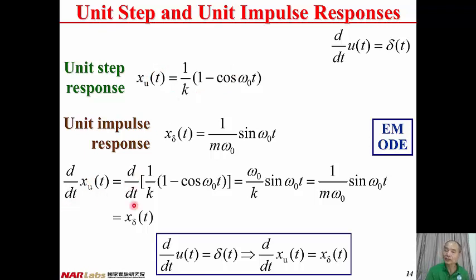Then we have d/dt of 1 divided by k times 1 minus cosine omega 0 t, which gives omega 0 divided by k sine omega 0 t. Because k equals m omega 0 squared, and omega 0 is cancelled out, we have 1 divided by m omega 0 sine omega 0 t, and this solution is the same as the unit impulse response. Therefore, the differentiation of the unit step response equals the unit impulse response.